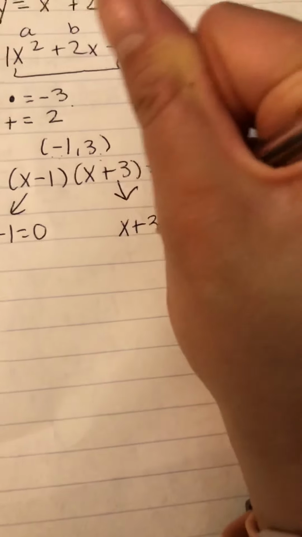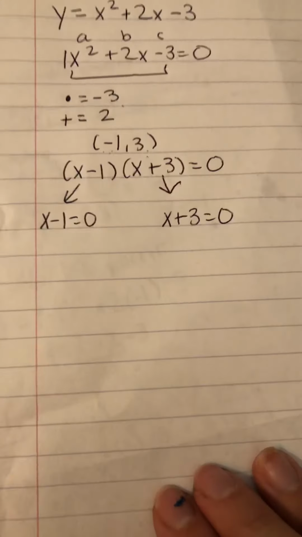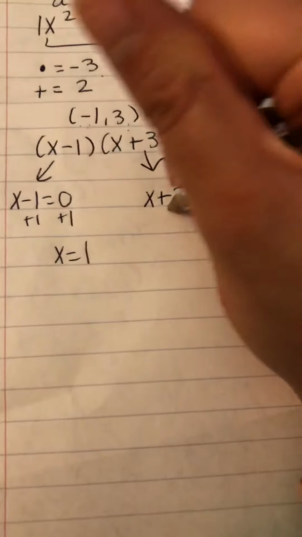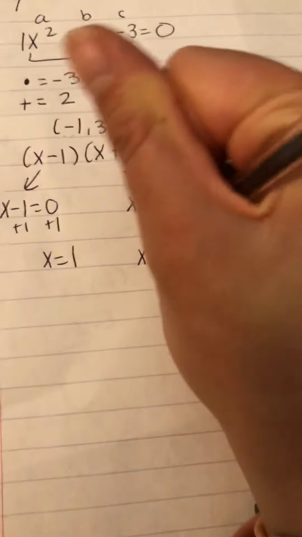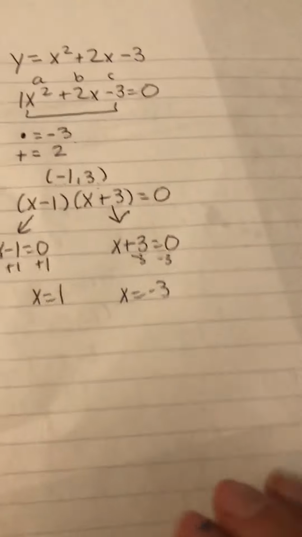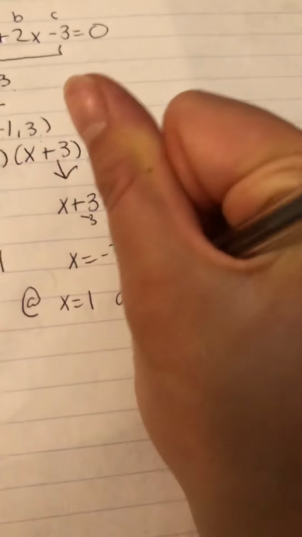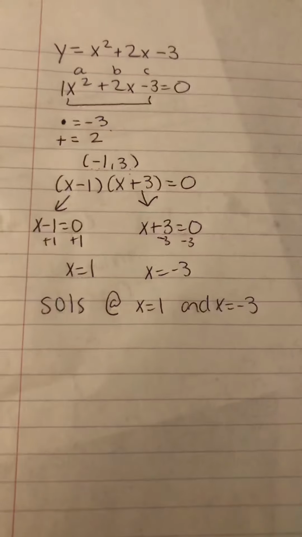So x minus 1 equals 0, and x plus 3 equals 0. Then I solve for x: x equals 1, and x equals -3. So this tells me we have solutions at x equals 1 and x equals -3.